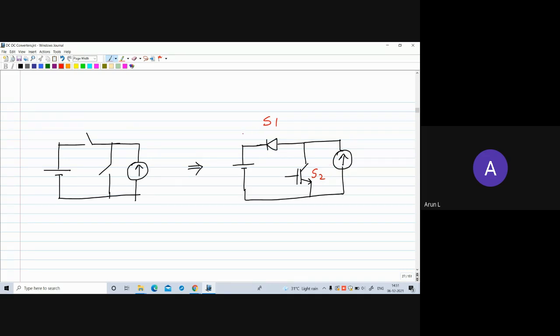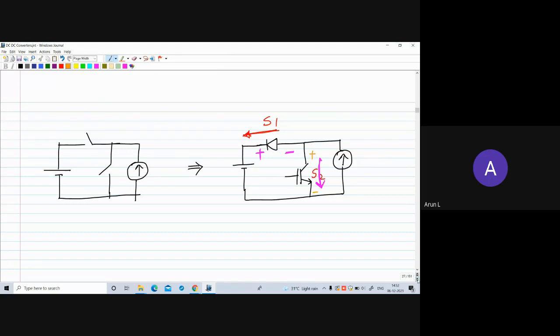S1 has current conduction capability in this direction. This diode is capable of conducting in this direction, and it can block voltages with this polarity, left side plus and right side minus. Whereas this S2 can conduct current in this direction. It is capable of conducting current from collector to emitter, and at the same time it is capable of blocking voltages with upper positive and lower negative like this.